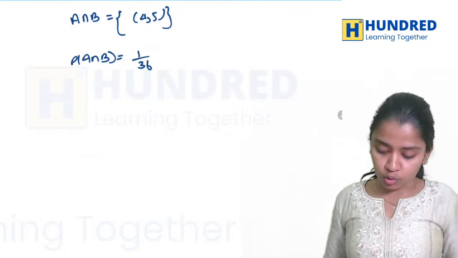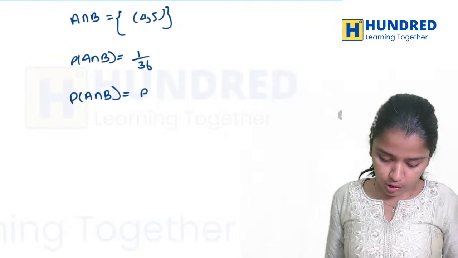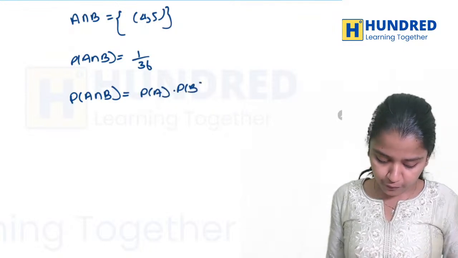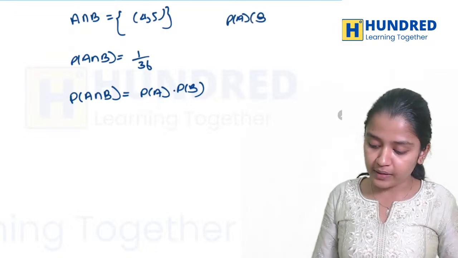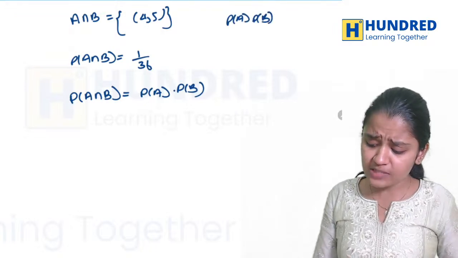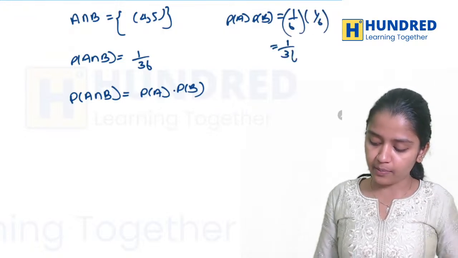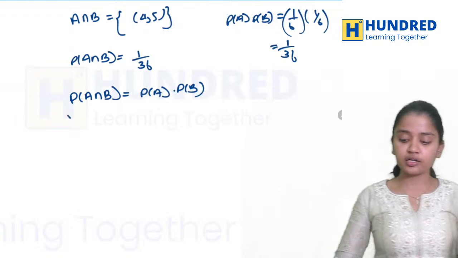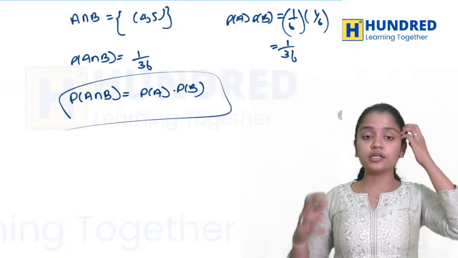Okay, now check. P of A intersection B is equal to P of A into P of B. What is P of A into P of B? Which is 1 by 6 into 1 by 6, which is nothing but 1 by 36, right? So I have concluded that P of A intersection B is nothing but P of A into P of B.